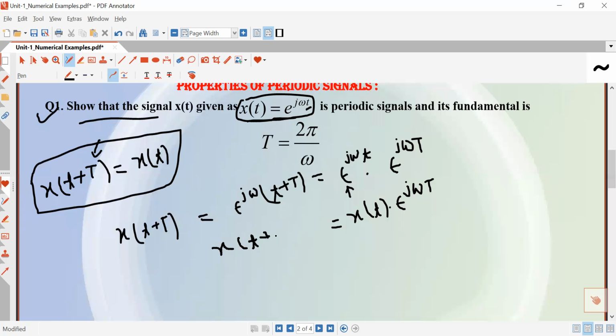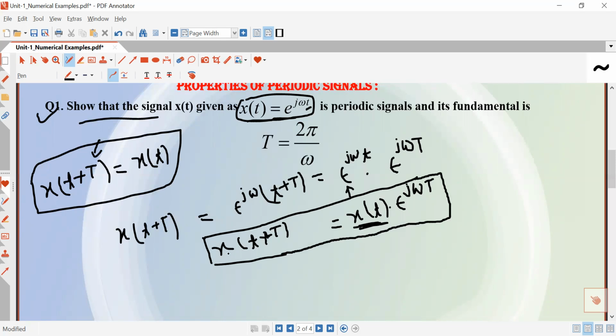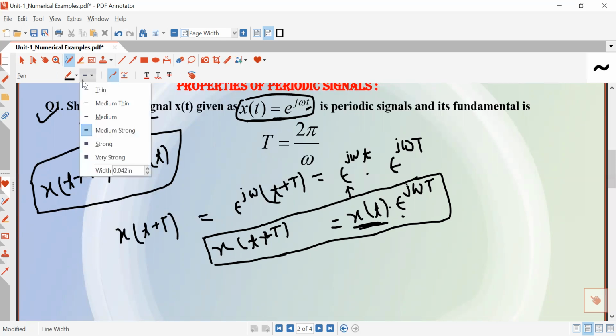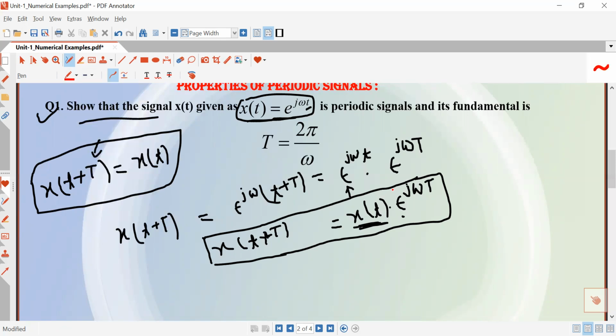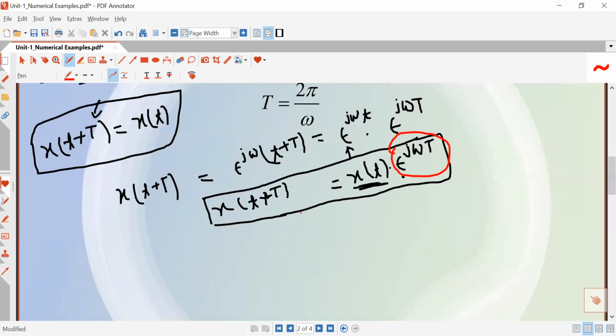Now, the signal x(t) will be a periodic signal when x(t) must be equal to x(t plus T). So from this expression, you can see that x(t plus T) will be equal to x(t) only when this term e to the power j omega T equal to 1.